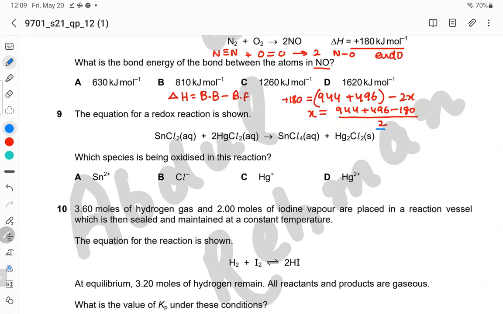So 944. Yes, it would be 630 plus 496, and then minus 180, and then divide by 2. So it will give you 630. So A will be your correct answer.